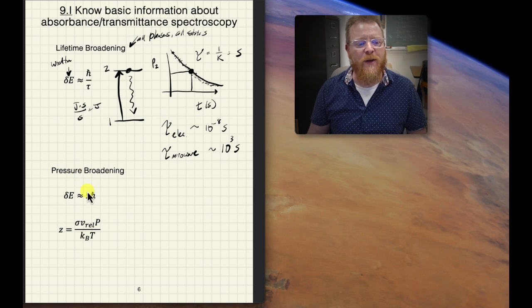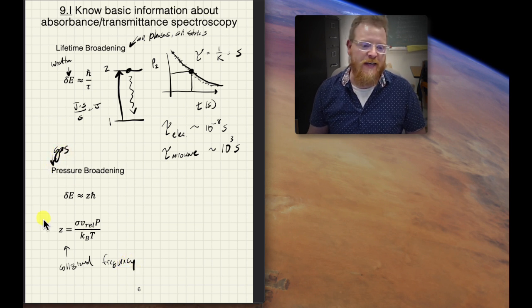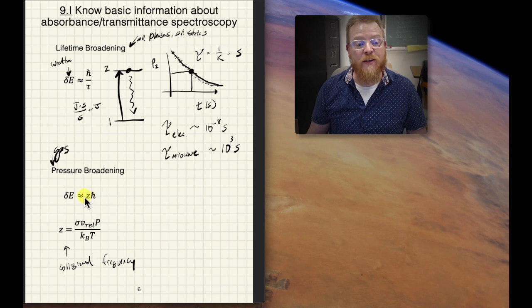The last thing to talk about is pressure broadening. Once again, it's an approximate relationship here, where now Z is given by our collisional frequency in the gas phase. Pressure broadening will only correspond to gas phase samples. That collisional frequency has units of 1 over seconds, and of course h bar has units of joule seconds, so once again that gives us the width of our peak.